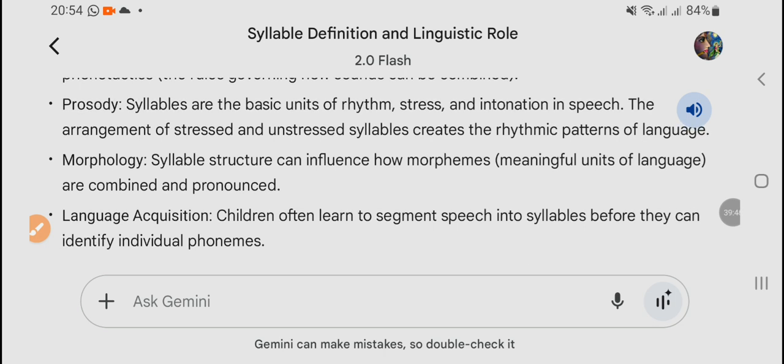And for prosody, syllables are the basic units of rhythm, stress and intonation in speech. Sometimes we have to highlight, sometimes we have to speak in a low voice.